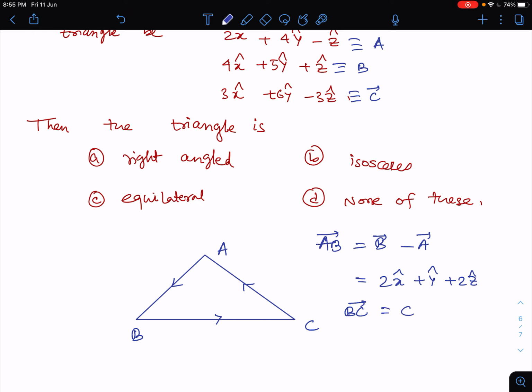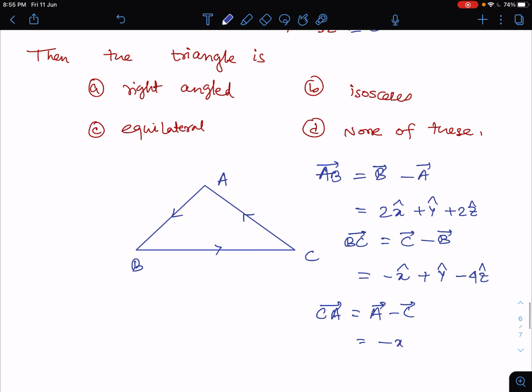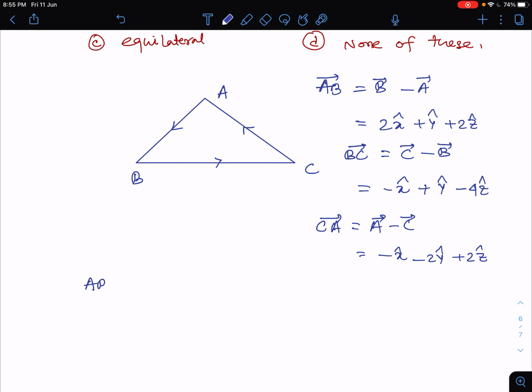BC is nothing but C minus B, that is minus x plus y minus 4z. And CA is nothing but A minus C, that is minus x minus 2y plus 2z, right? Now if you calculate the mod of AB, you will get 2 square plus 1 square plus 2 square, that is 3.